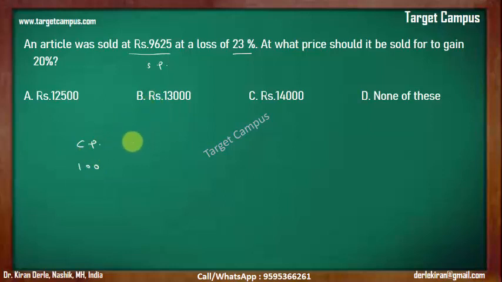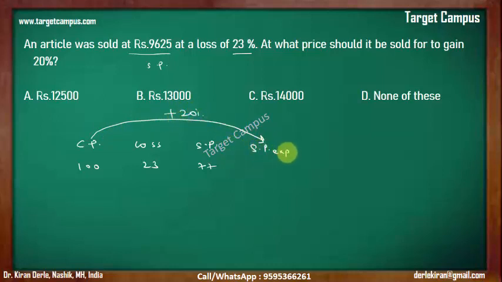So cost price is 100, loss is 23. So if cost price is 100 and there is a loss of 23%, the selling price would be 77, right? The same article should be sold at a profit of 20%. So what selling price is expected?